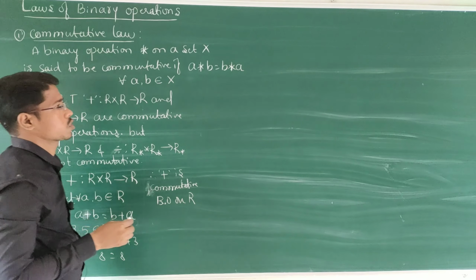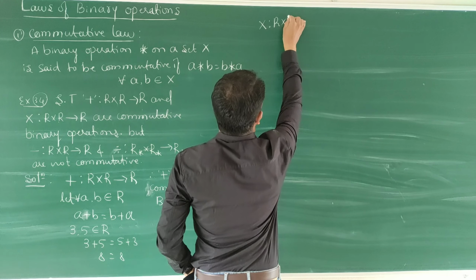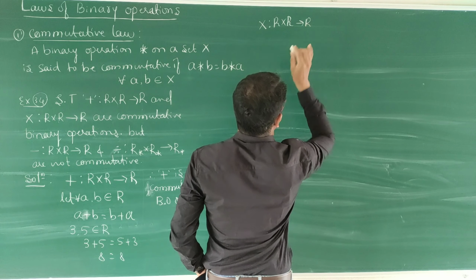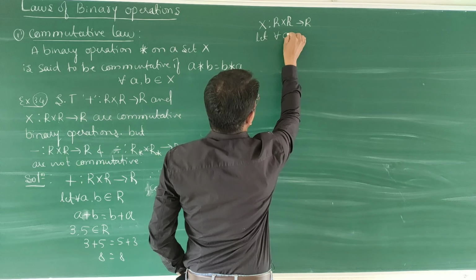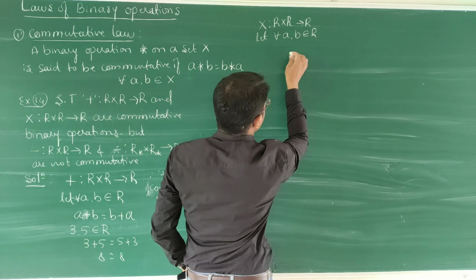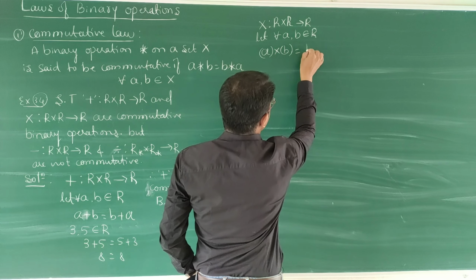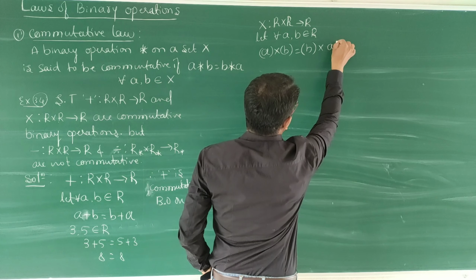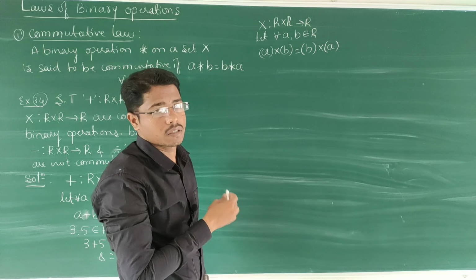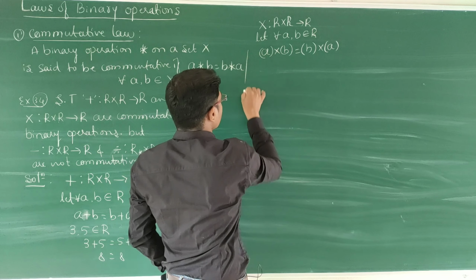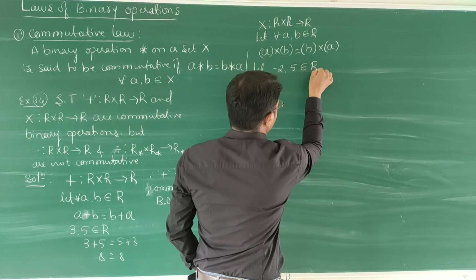Next is multiplication from R cross R to R. Let for all A, B belonging to R, A into B equal to B into A. So this holds the commutative law. Multiplication on the set of real numbers holds the commutative law. Let us consider two numbers, minus 2 and 5, belonging to the set of real numbers.